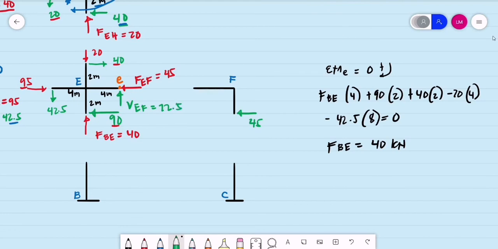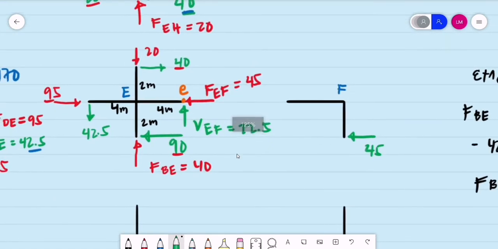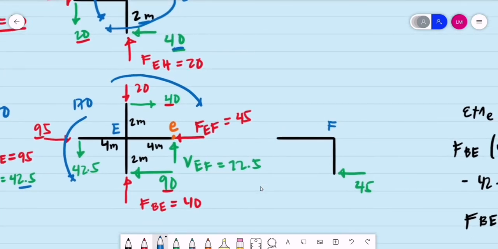Okay, then we are now to check the equilibrium about joint E. So for the equilibrium, what are the moments? 42.5 times 4, we have this earlier, that is the same as 170. This is 40 times 2, we have that also from the second level, that is the same as the 80 kilonewton meter.